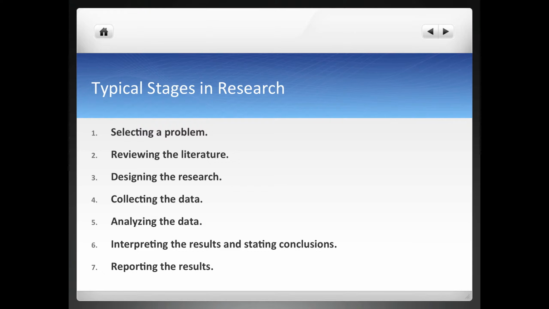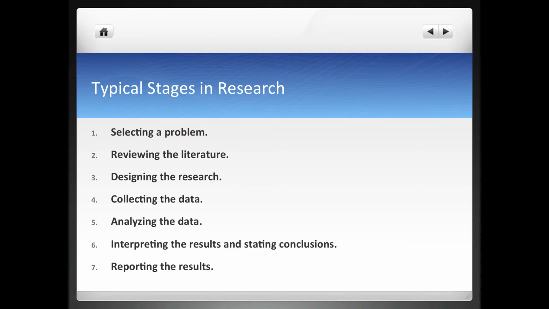So I wanted to come up with another placement tool. That's when I selected my problem, just by looking around me and thinking, there's something that could potentially be improved. The second thing I did is review the literature.